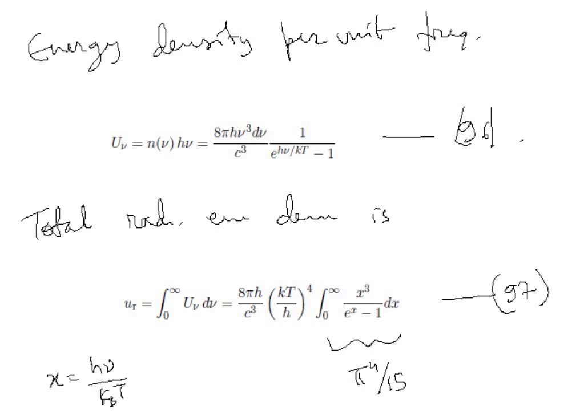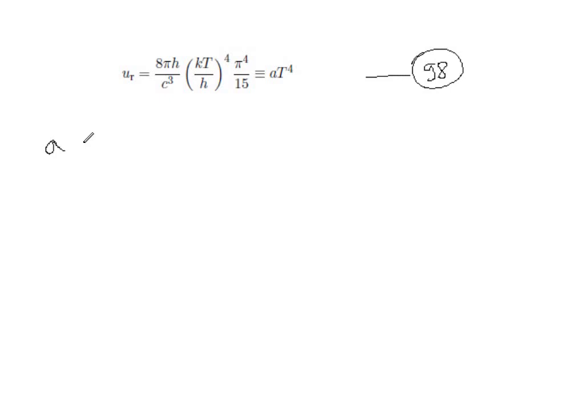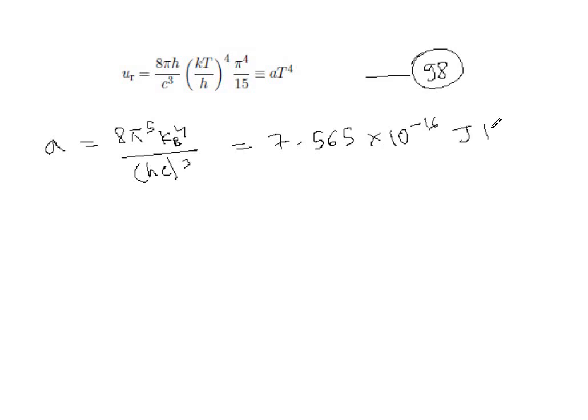As a result, we finally have this relation: the energy density of radiation is a T to the power 4, equation 98, where a is equal to 8 pi to the power 5 k_B to the power 4 divided by h c whole cube, and this has a value of 7.565 times 10 to the power minus 16 joule per Kelvin to the power 4 per meter cube.